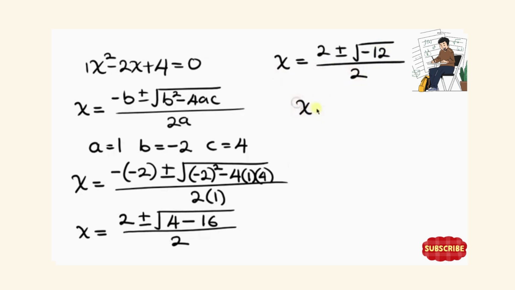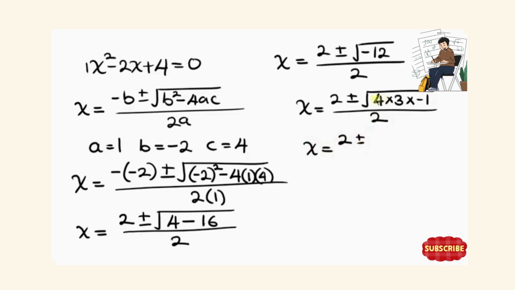Remember what we did? We have to split the negative 12 into 4 times 3 times negative 1, all over 2.